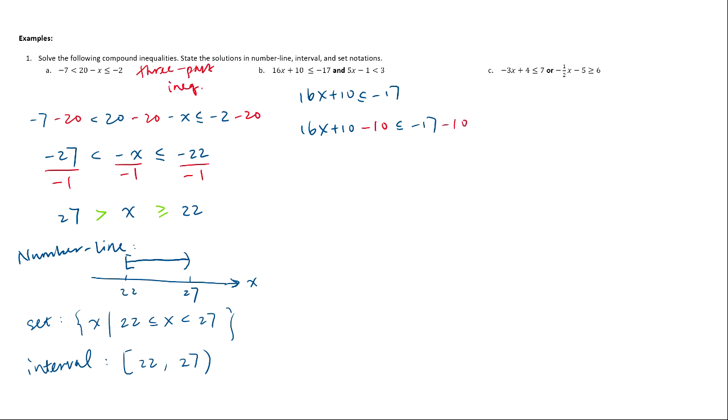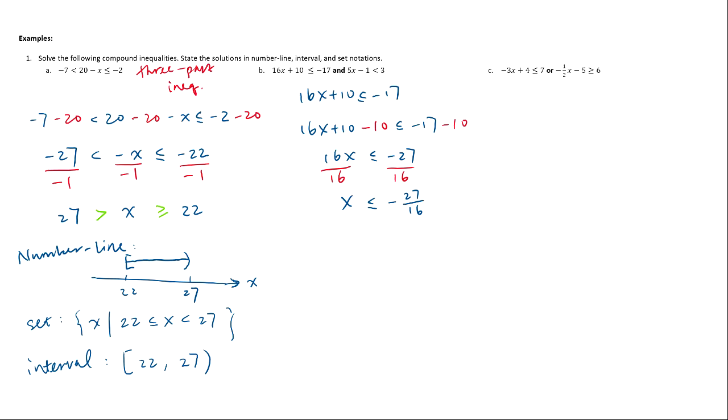And here on the left side, we're left with just a variable term, 16x, less than or equal to negative 27. And now for the last part, we're going to go ahead and divide 16 on both sides to get x by itself. So here we're left with x is less than or equal to negative 27 over 16. It's not a nice number, but that's perfectly fine. We're cool with working with fractions in general.